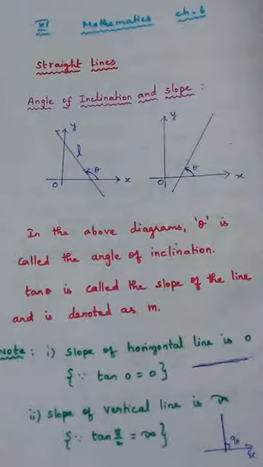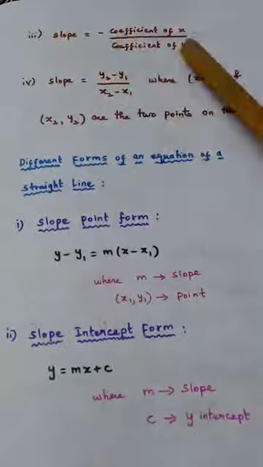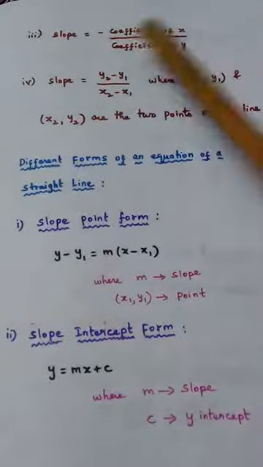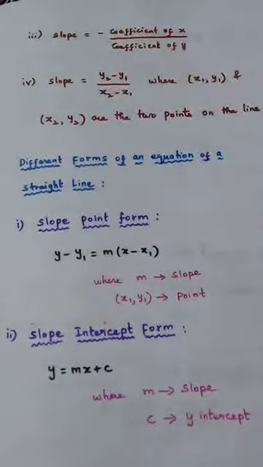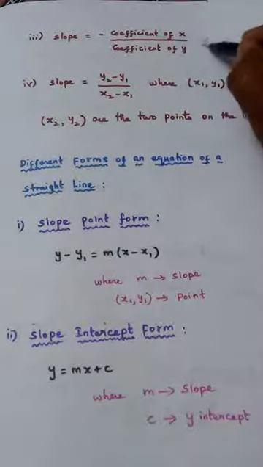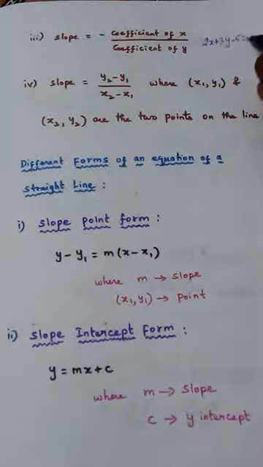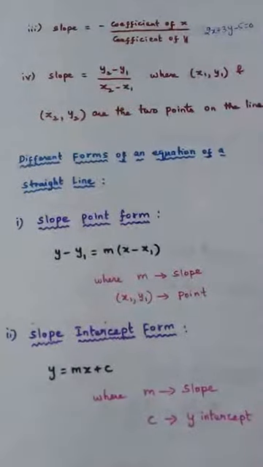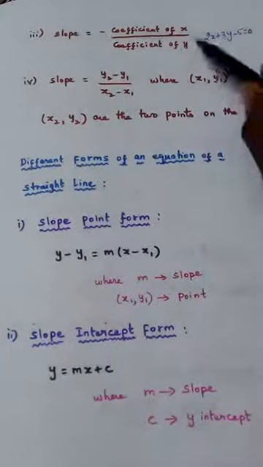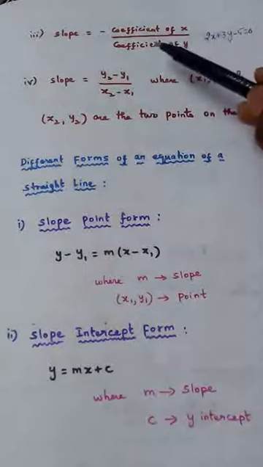Note number 3, slope formula is given, minus coefficient of x by coefficient of y. For example, suppose I am having a line like this, 2x plus 3y minus 5 equal to 0. If a line is like this, then if I asked to find the slope of this straight line, I can go for this formula.